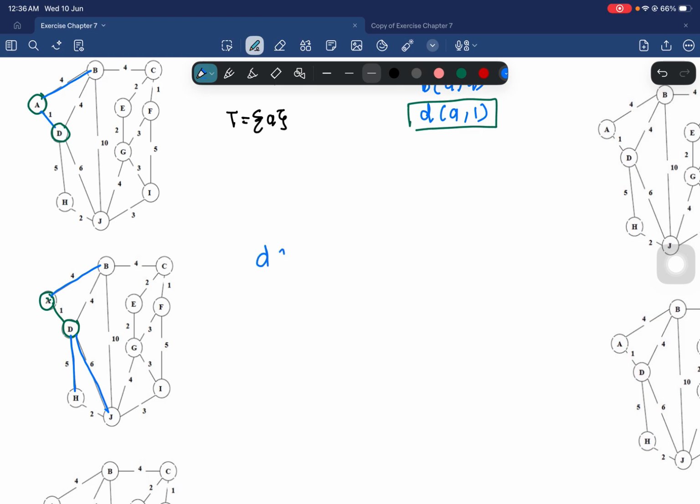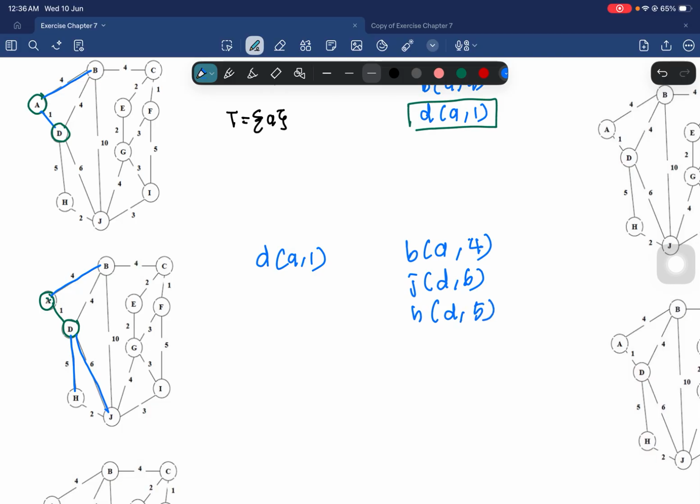We have D connected to A by 1. We have B connected to A by 4. We have J connected to D by 6. We have H connected to D by 5.